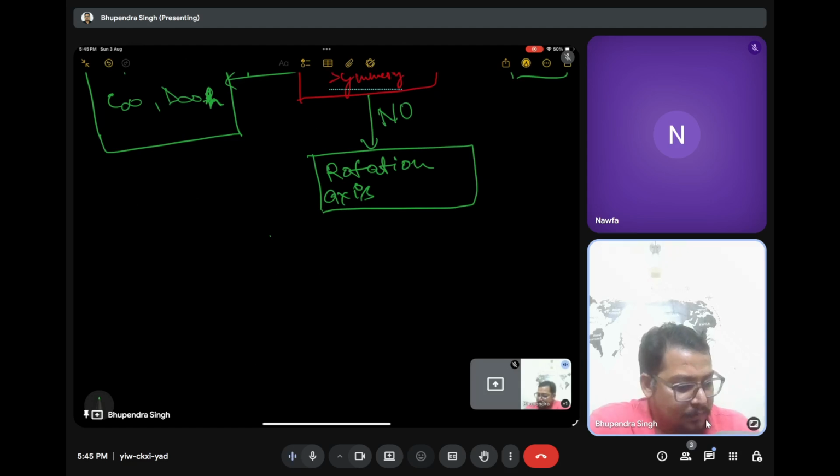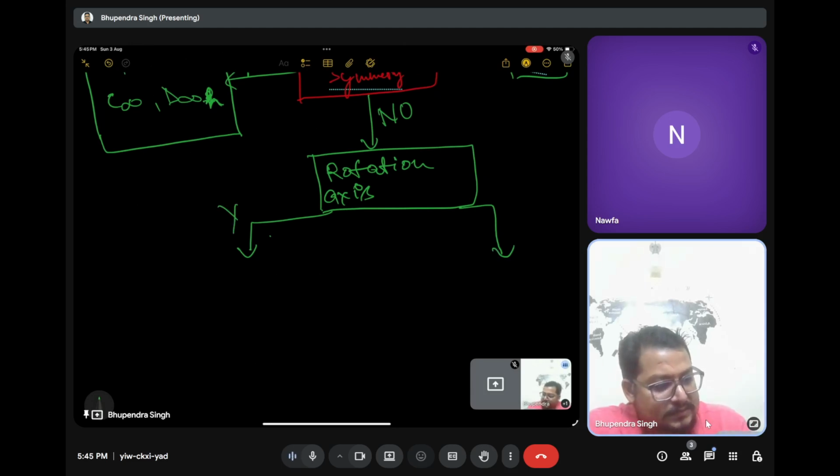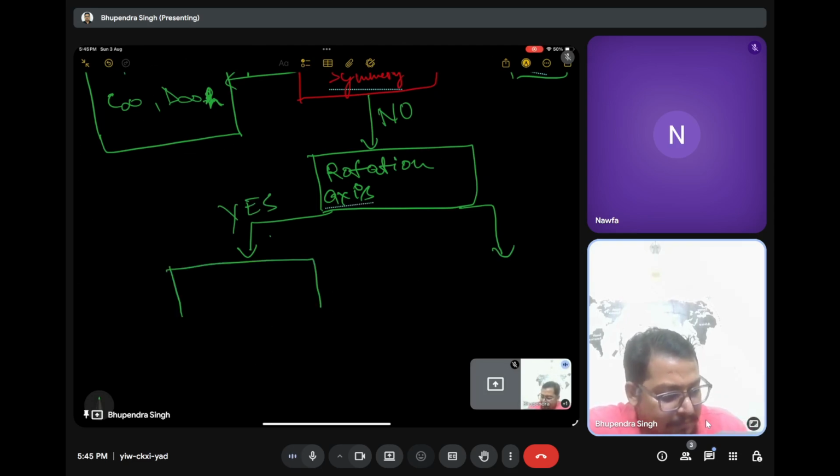Now in this case, first, whether an axis of rotation is present or not. Let's say yes, it is present. Then we will try to find out how many, let's say Cn, and whether it is perpendicular to n number of C2s.